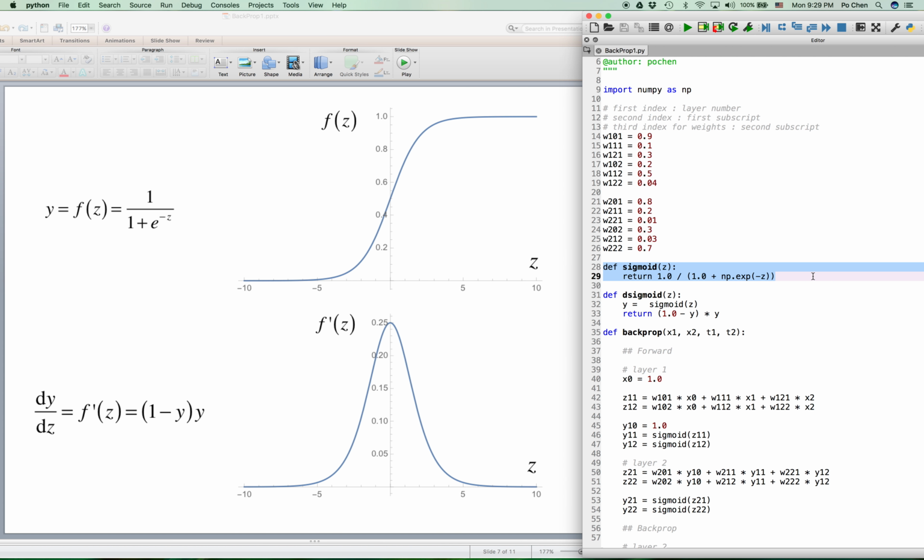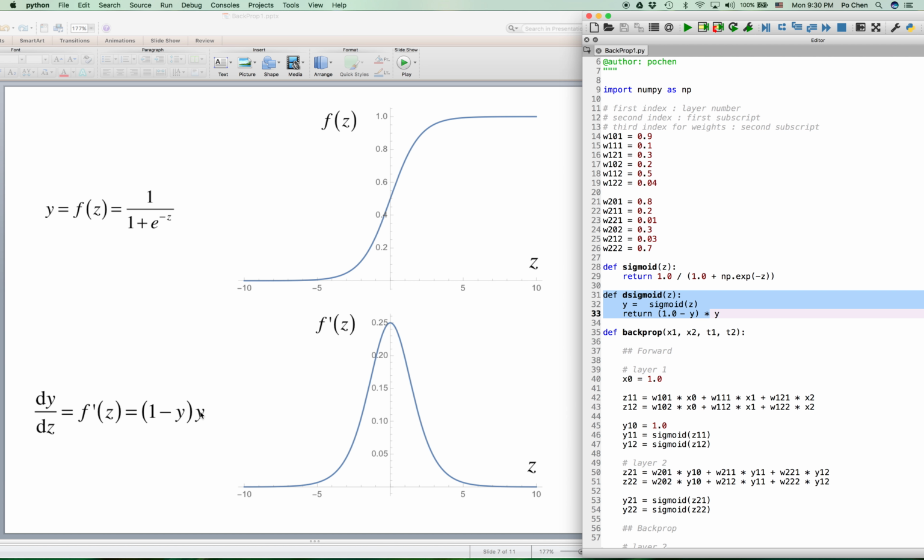And then for the backpropagation, we're going to need the derivative of the sigmoid function. So here we have implemented a Python function called d sigmoid. It's just the sigmoid with a d in front of it. In the previous video, we obtained this explicit expression for the derivative of the sigmoid function.